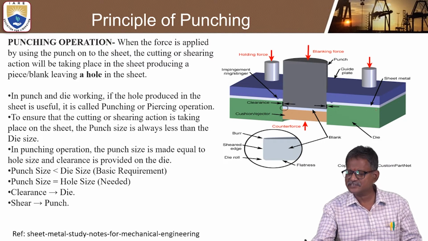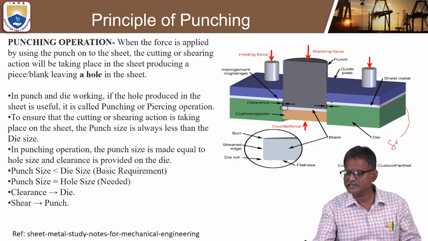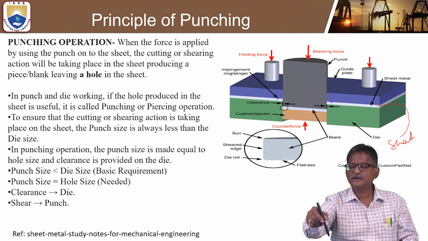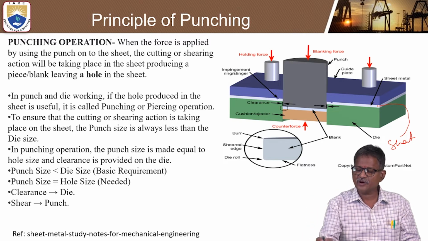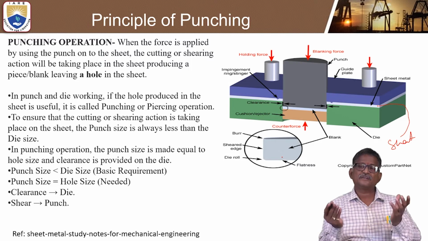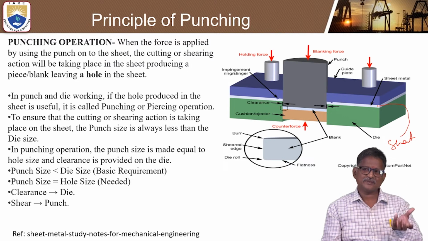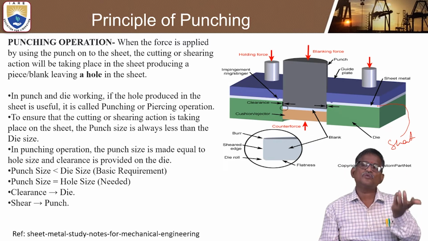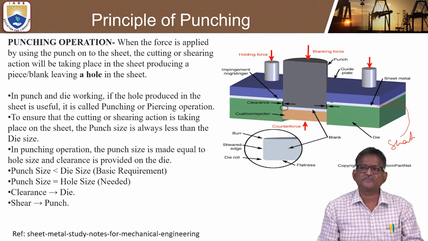You can see this small thickness, this is the sheet metal. Whenever you apply the blanking force with a punch, that shape is removed separately. That process is called the punching process, or if it is circular holes, the piercing process. Making holes means it is a piercing process.